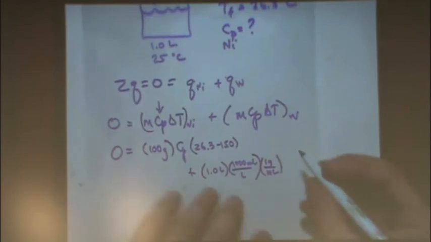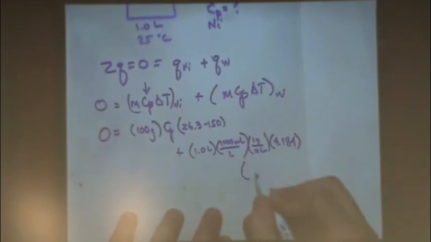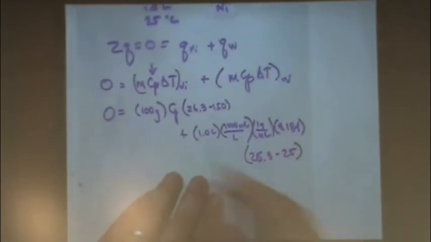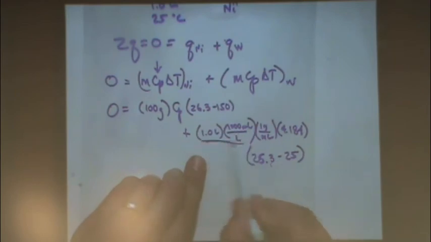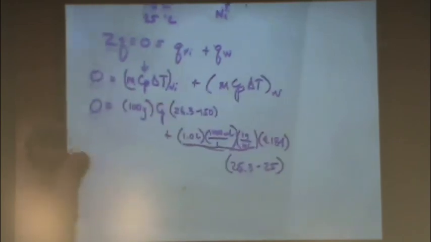Cp is 4.184 joules per gram degree C, and then the temperature is 26.3 minus 25, the initial. If you don't get these T finals and T initials right, that'll mess you up. And of course, if you didn't know that density times volume is mass, that would be a problem too. Okay, cool. All right, next.